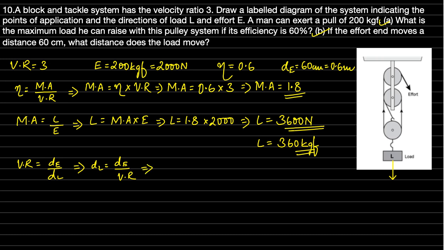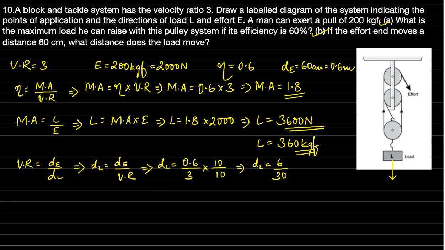So dL will be equal to dE, which is 0.6, divided by velocity ratio, which is 3. So in order to remove the decimal, we multiply numerator and denominator by 10. So we get the value of dL as 6 divided by 30.